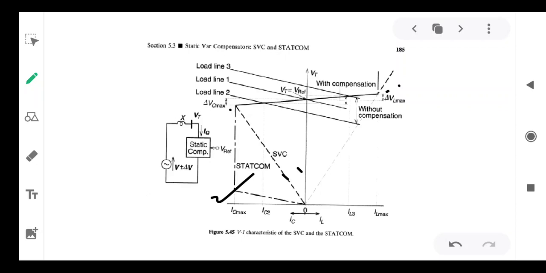So therefore, the slope is allowed so that the compensator can be operated within the band of voltage regulation. Therefore, the perfect voltage regulator can be avoided to mitigate the oscillations.